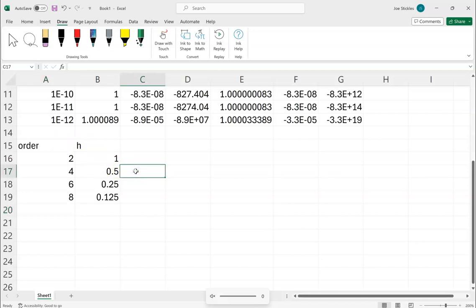All right. So let's work off of this one. Again, central difference formula: f of x plus h minus f of x minus h all over 2h. That's the central difference formula, right?